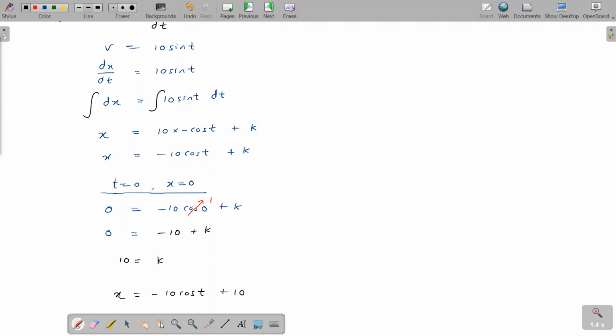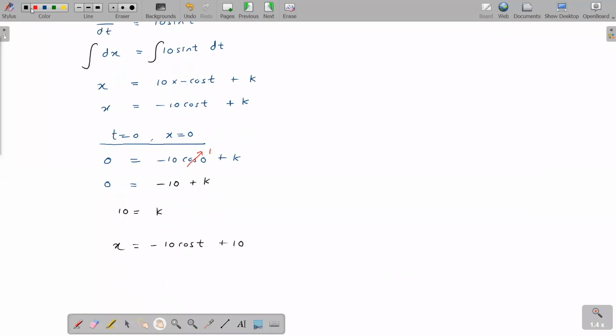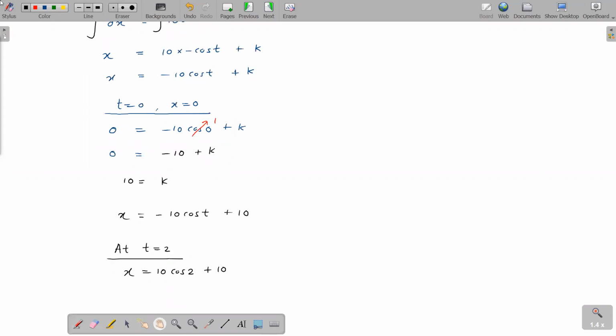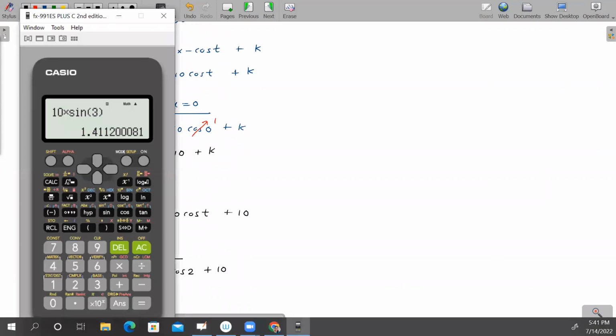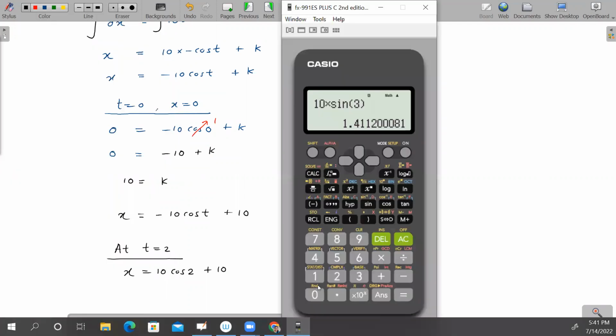I'm supposed to find what? The distance at time 2, right? So let's get that at t equal to 2. Make sure the calculator is in radian mode. Can I know the answer? Ten times cos 2 plus 10.